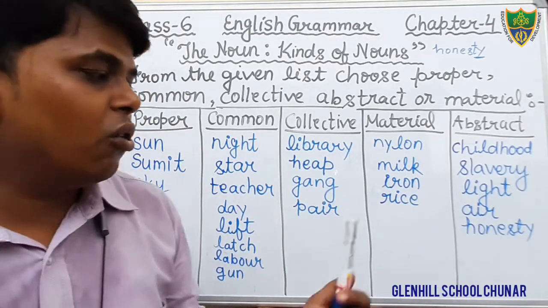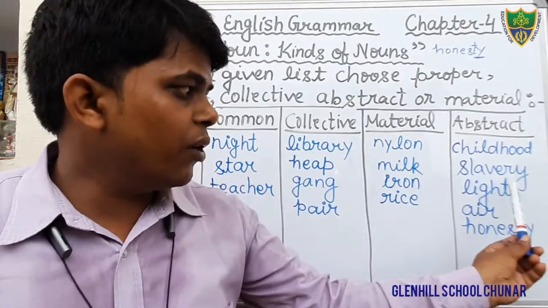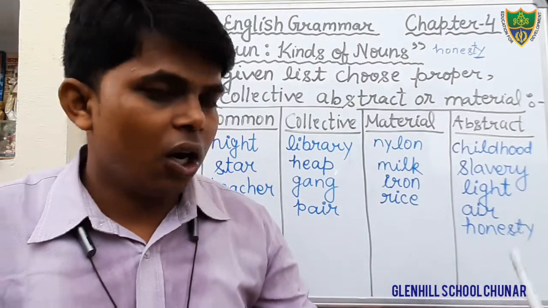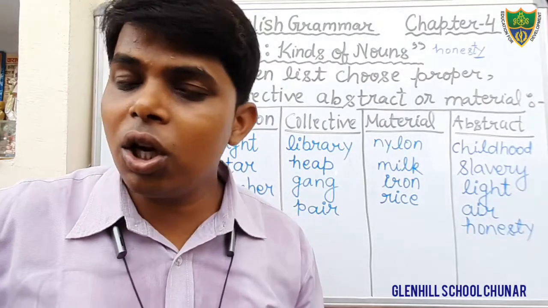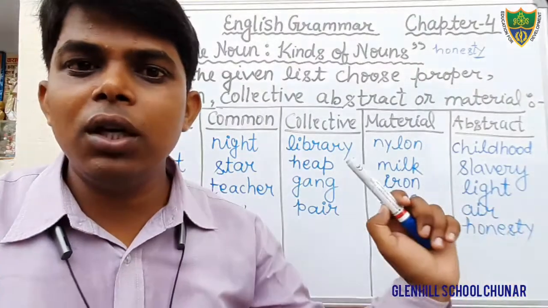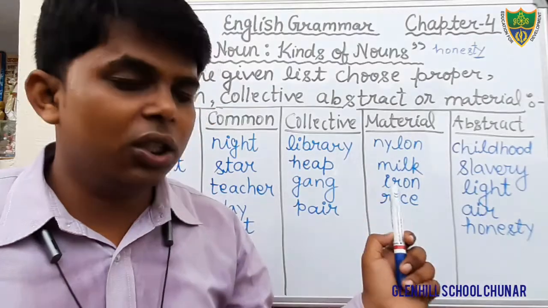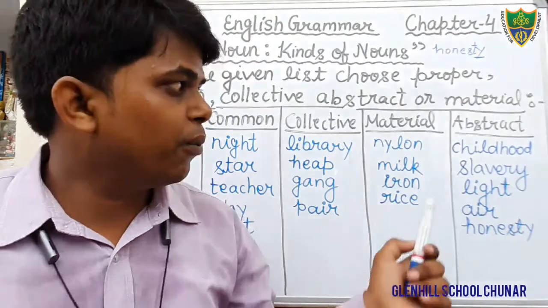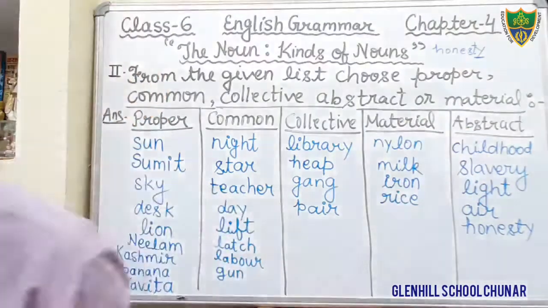And now in the column of abstract noun we have written childhood, slavery, light, air, honesty. These words are abstract noun because we can only think of, we can only realize, but we cannot see or touch. Therefore, I have kept these words in the column of abstract noun.